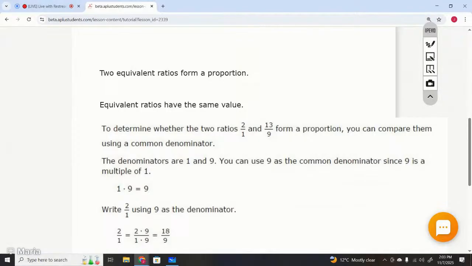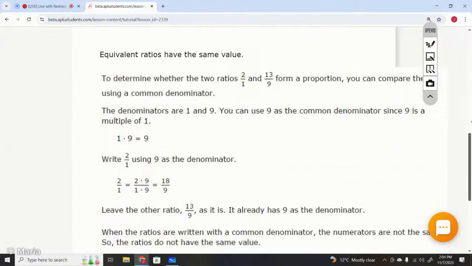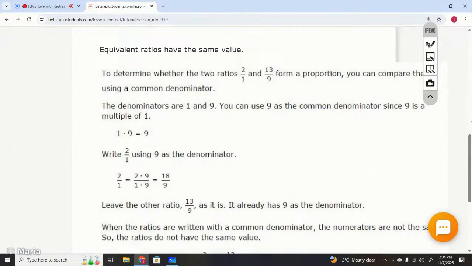Equivalent ratios have the same value, right? So 2 by 1 equals 13 by 9?